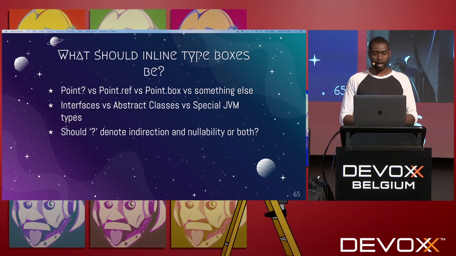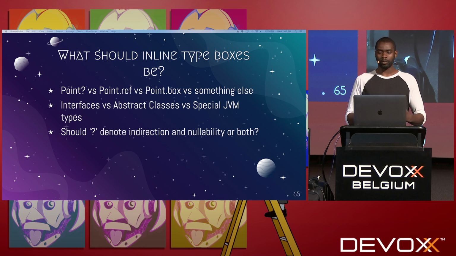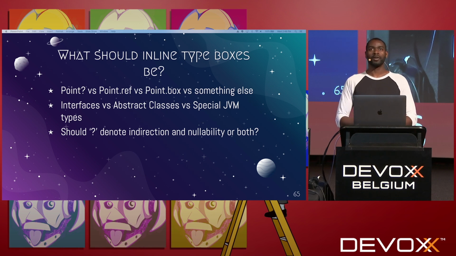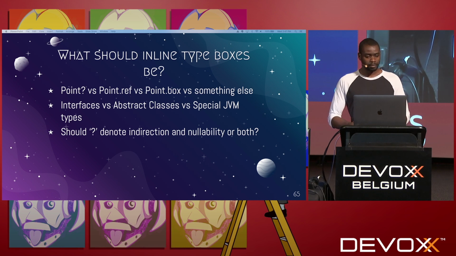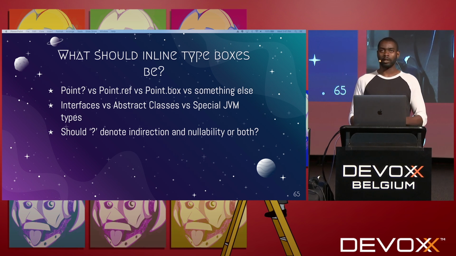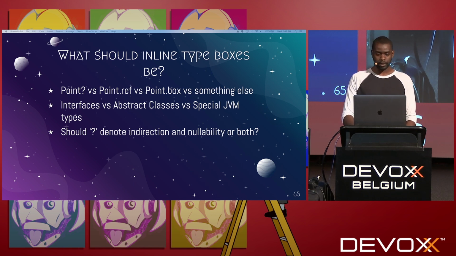But more importantly, what should their implementation be? Should they be interfaces? Should they be abstract classes? And also, should nullable inline types be used to denote indirection and nullability, or should these characteristics be dealt with separately? So these are things that are being discussed.